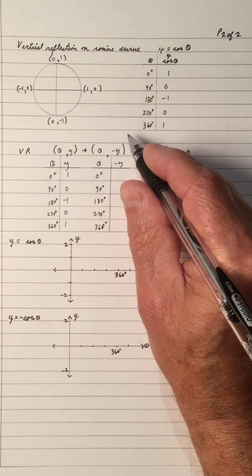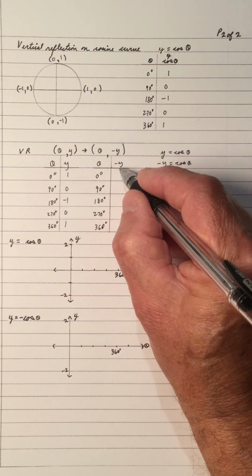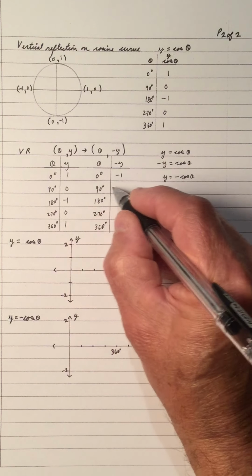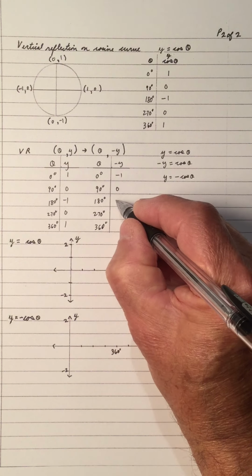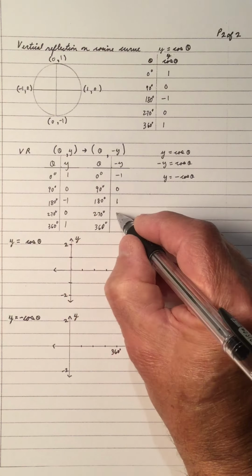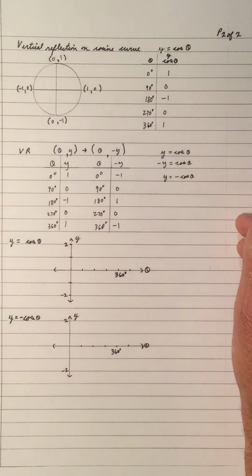And the y, so 1 becomes negative 1, negative of 0 is 0, negative of a negative 1, negative of a negative is positive, the negative of 0 is 0, and negative of 1 is negative 1.